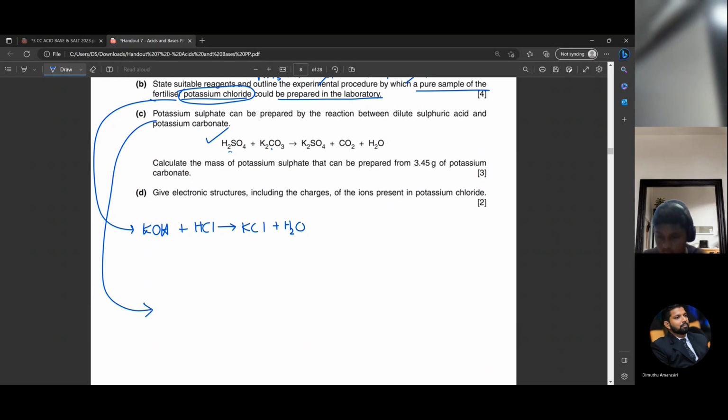Why do you say titration? Because it's an acid and group 1. Basic thing: group 1 compounds are soluble. Sodium carbonate, potassium carbonate are soluble. So this is titration.